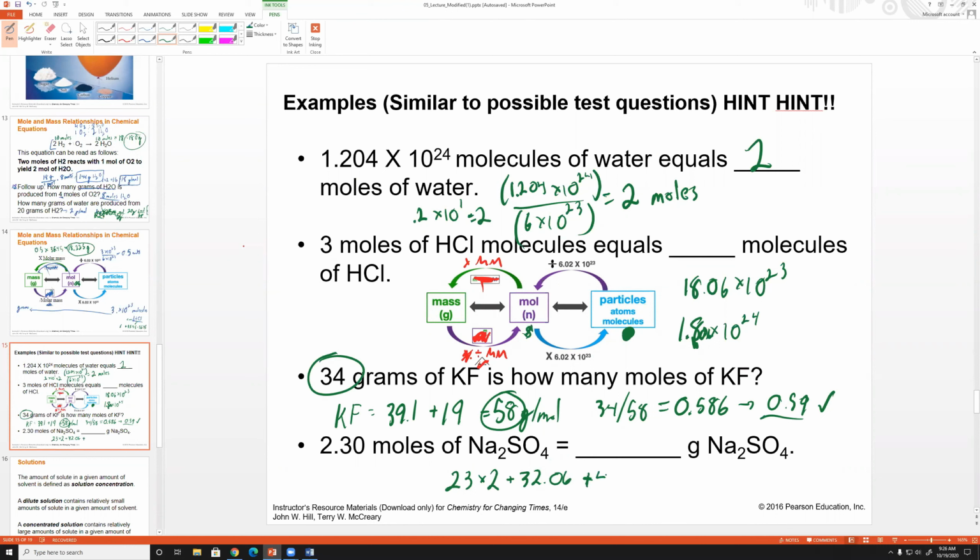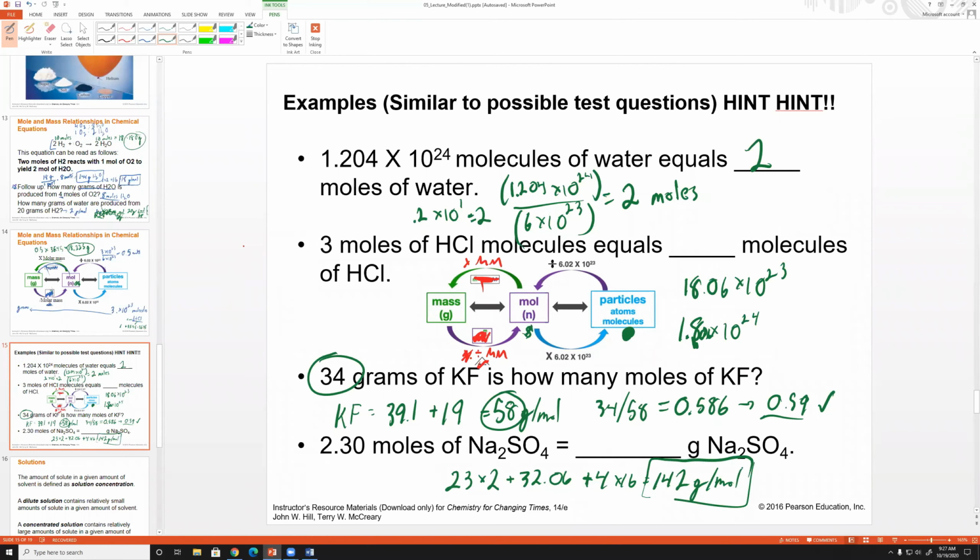Oxygen is 16. So 4 times 16. And I think Na2SO4 is 122 or something, but let me just double check. Oh, 142. 142 grams per mole. So that's the molar mass of Na2SO4.